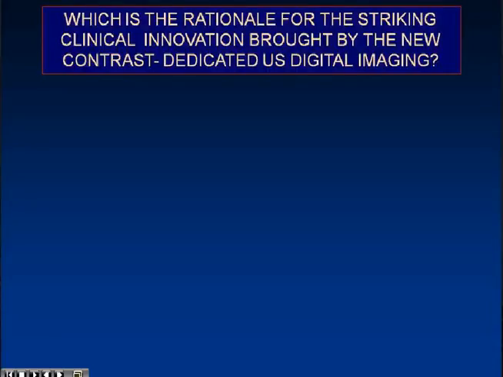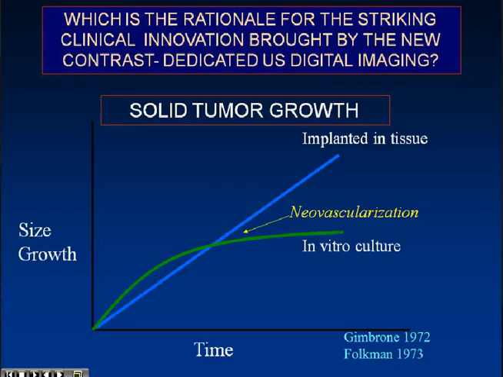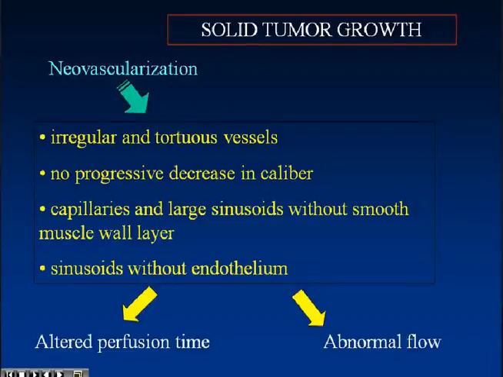I've shown you before that when we put cells in vitro, they stop increasing after a while, whereas when we implant them in tissue, they might be able to grow indefinitely due to the development of new vessels. These new vessels are not only new, they are different from normal vessels. This is the main point, because if it was only a matter of numbers, probably we would not be able to make a diagnosis.